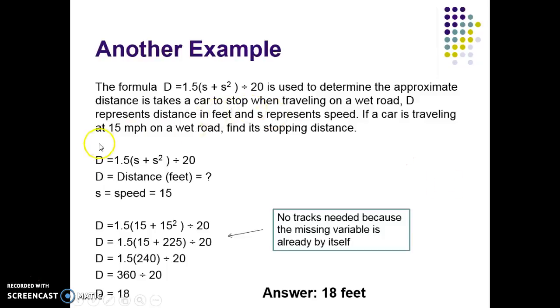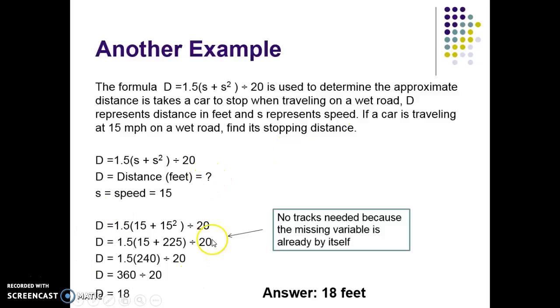So we're going to start by writing the formula, which is right here first, and then we're going to do each variable. So D equals distance and S equals speed. Notice there are 2 places where we get to plug in S. Okay, the speed they tell us is 15 miles per hour, so S equals 15, but we don't know the distance. It says find its stopping distance, so that's the question mark.